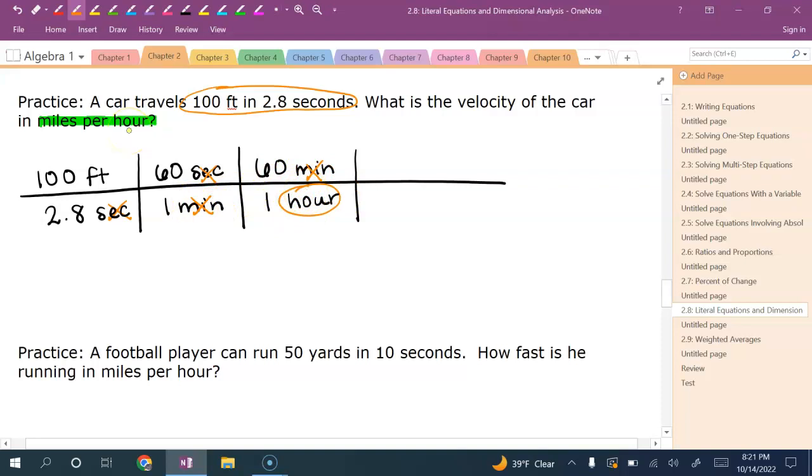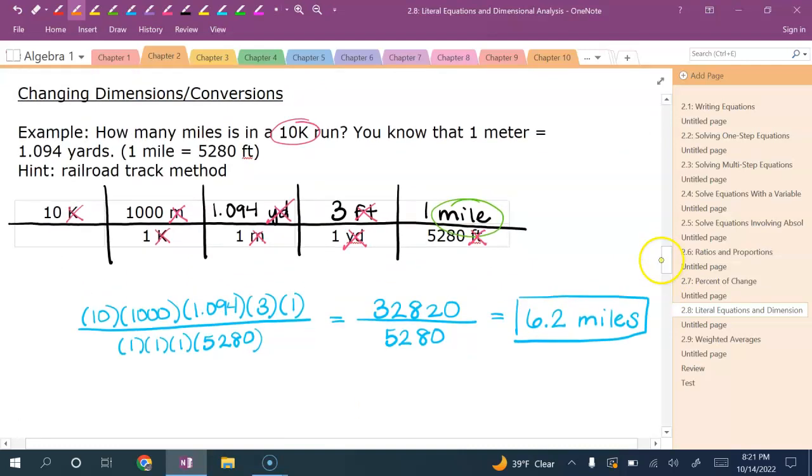Now the other one that I need to convert is feet. I need to convert feet to miles, okay? So feet, we had that up here in this problem here, feet to miles. We use this information again. 1 mile is the same as 5,280 feet.